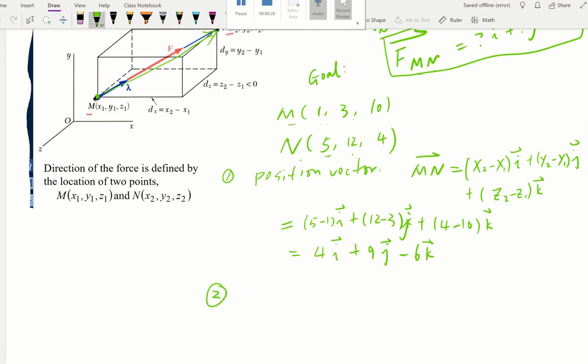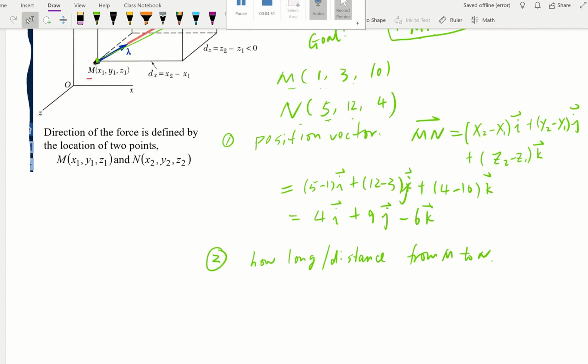But if I were to ask you, how long is it from M to N? What's the distance from M to N? That essentially tells us the magnitude of this position vector. So for MN, this time we don't have a hat because it's a magnitude.